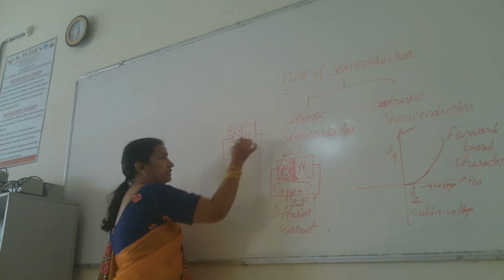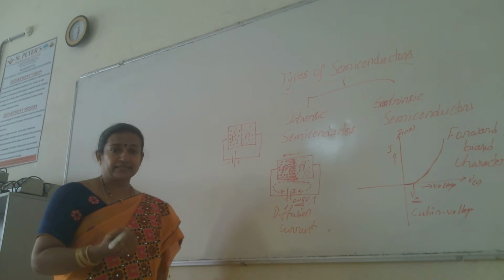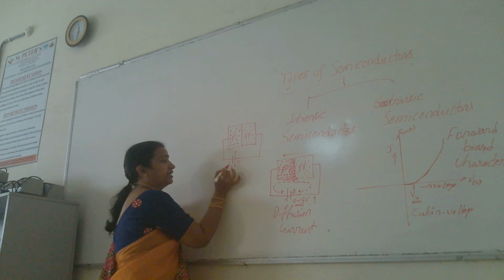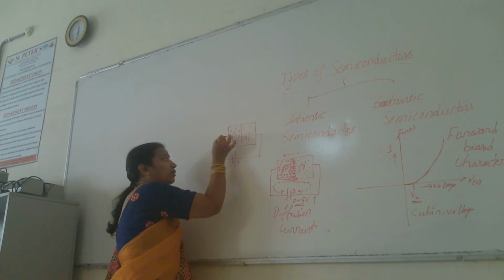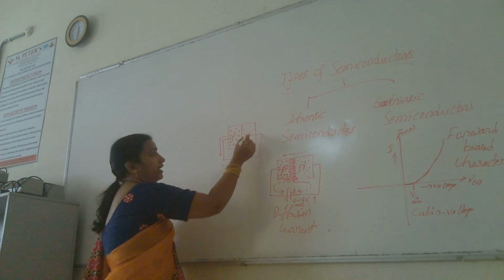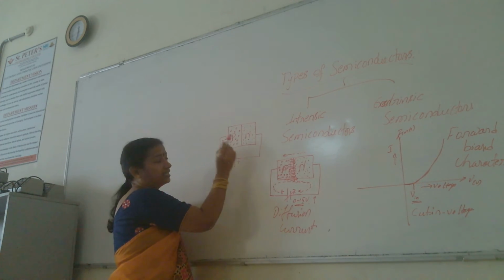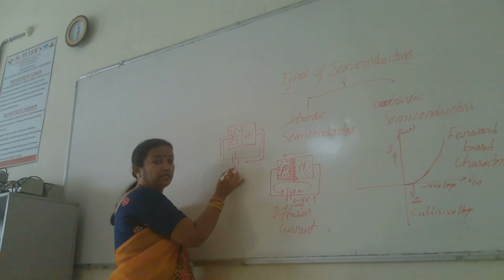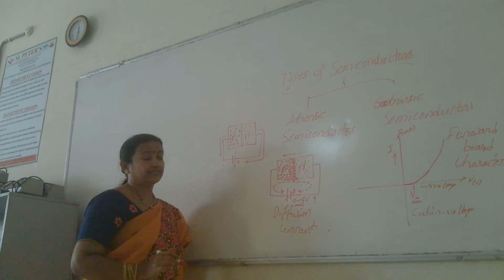Definitely, opposite charges get attracted together. Holes are positive polarity charge carriers, so because of this negative polarity, holes get attracted towards it. Electrons are negative polarity charge carriers, and they get attracted by the positive polarity of the external voltage.